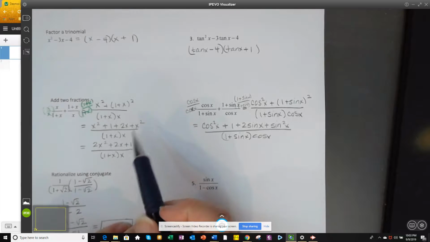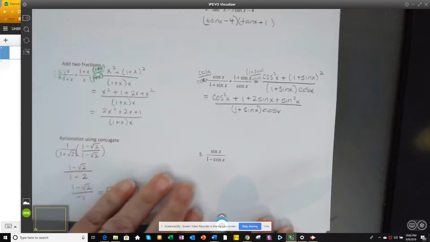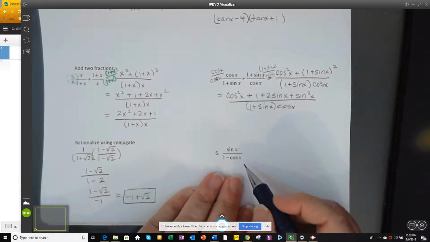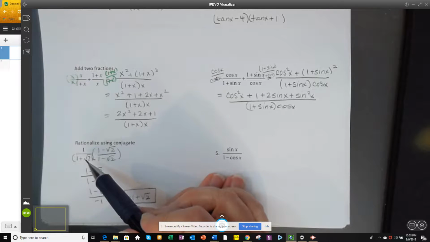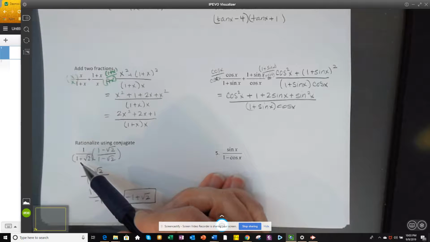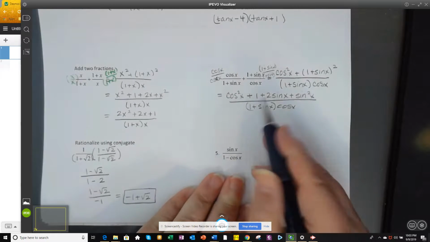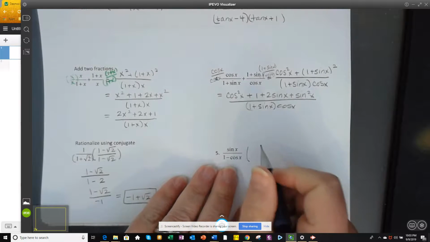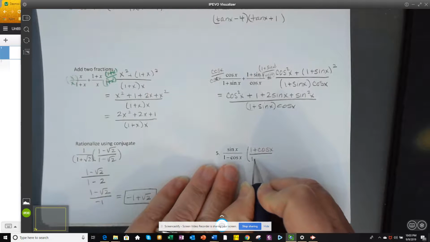All right, so we've done algebra with trig functions. And now we're going to use the conjugate with trig function. Now the conjugate here was 1 with 1 plus root 2, which turned out to be 1 minus root 2. And we're going to do the same favorable factor idea, except we're going to say 1 plus cosine x over 1 plus cosine x.